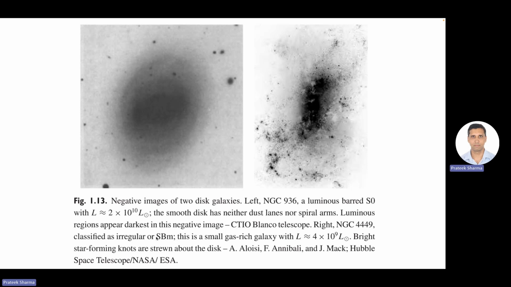I don't think this is the LMC, but it is something like a Large Magellanic Cloud. It is NGC 4449, an irregular, or SBM. So spiral, barred, and M here stands for Magellanic type, like our LMC. You see it does not really have a well-defined spiral arm, though it does have some tendency towards that.